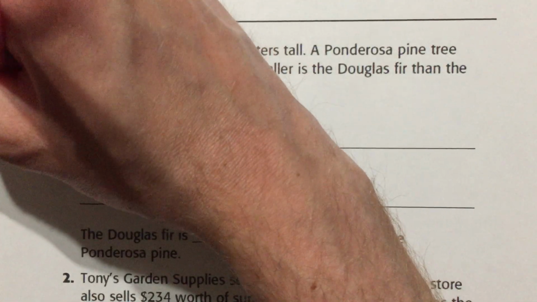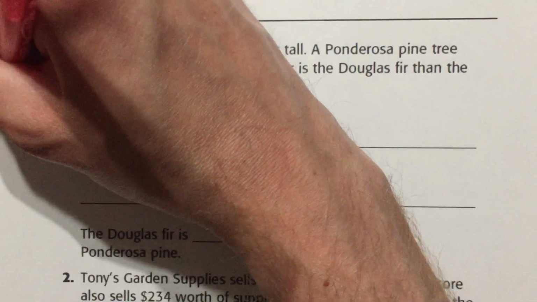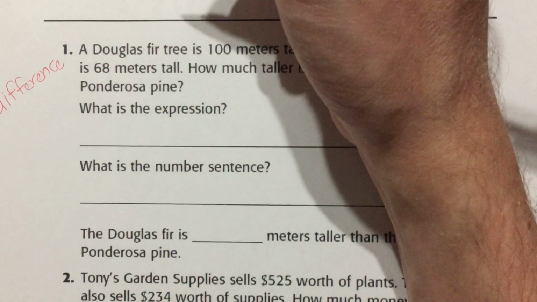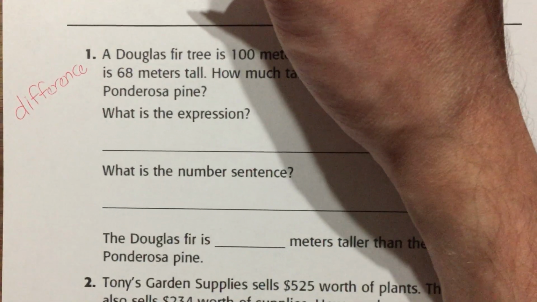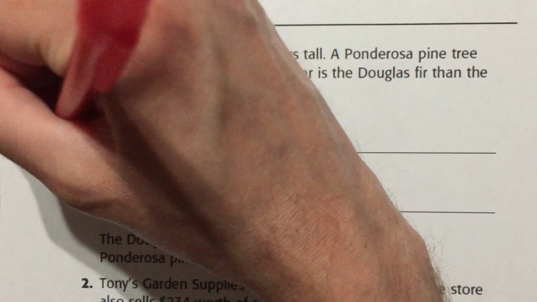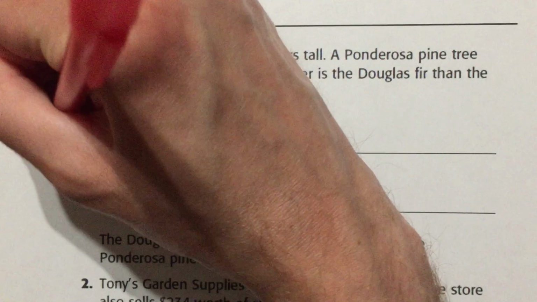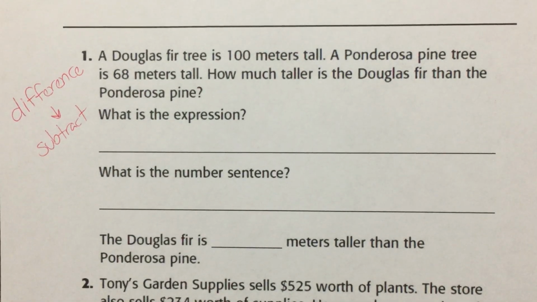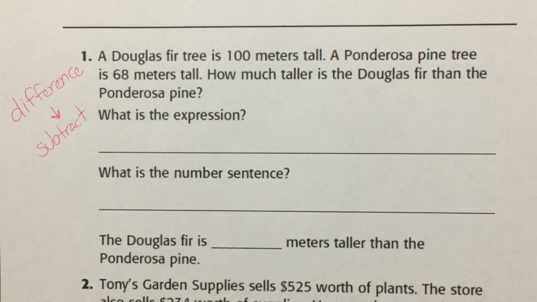Key word here, and I'm going to put that over here, difference. Move the paper over a little bit. Difference. That means subtract. That's the kind of problem we're going to have. Difference is a subtraction problem.